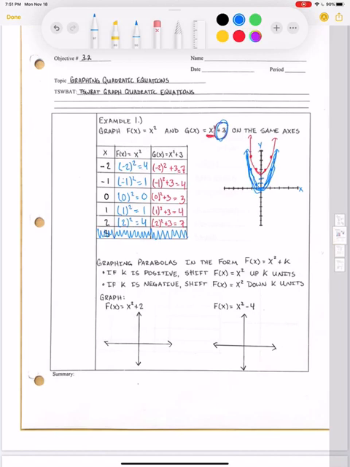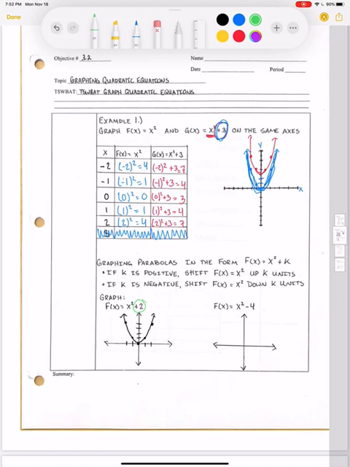So if we look at this, we have f of x equals x squared plus 2. Well, I know that x squared is always going to have these points. It's always going to have a point at 0, 0, at negative 1, 1, at 1, 1, and at negative 2, 4, and 2, 4. That's always going to be f of x equals x squared. But because I have this plus 2, I need to take these points and move them up 2 units.